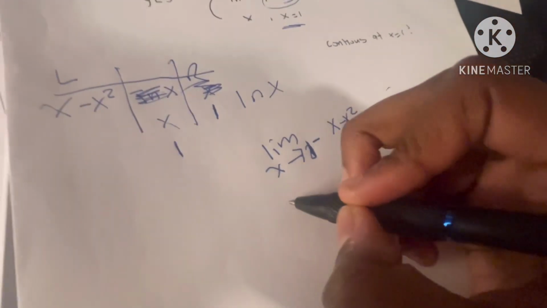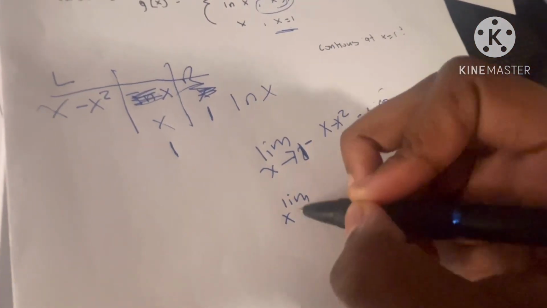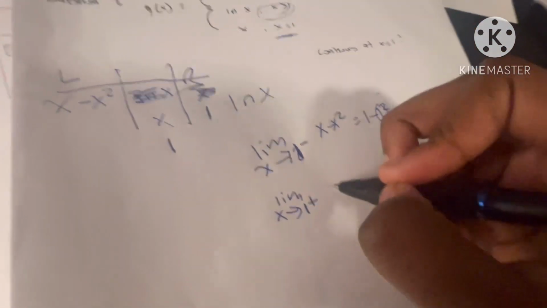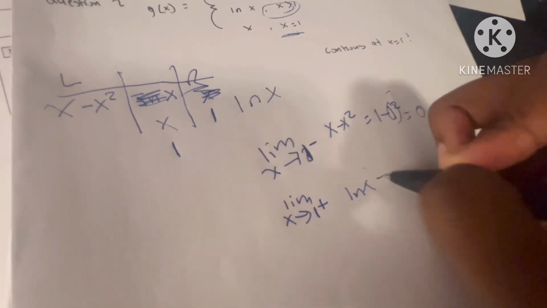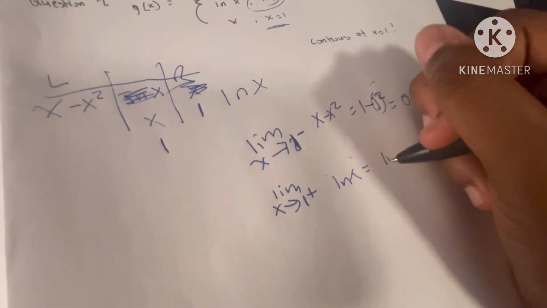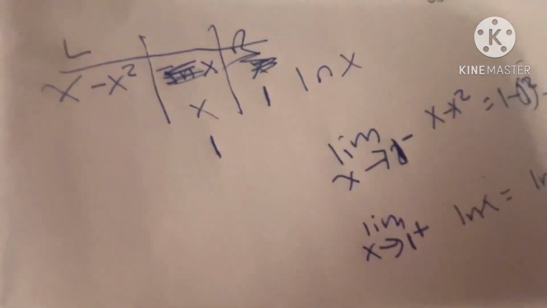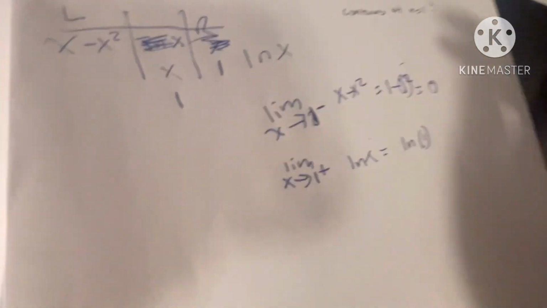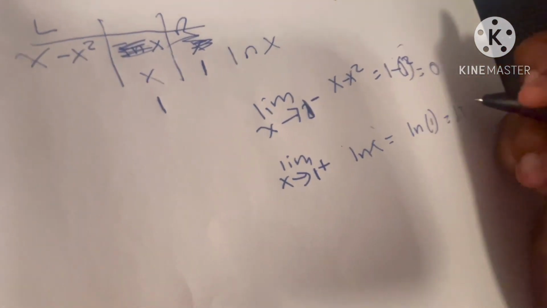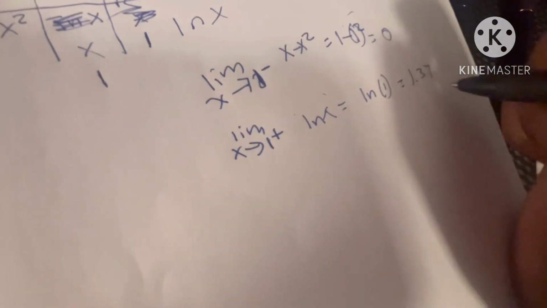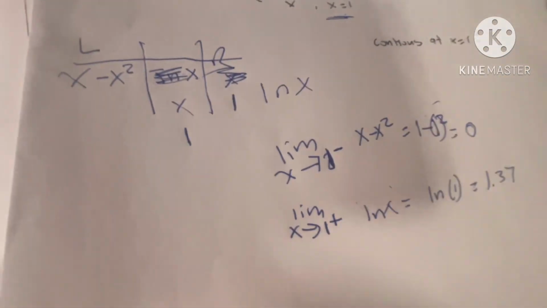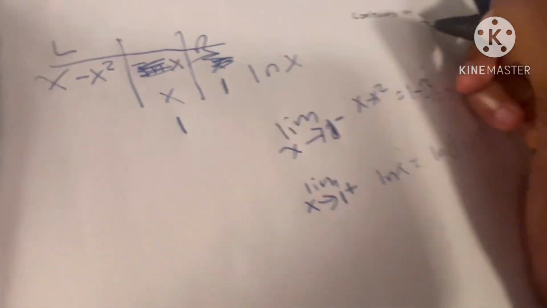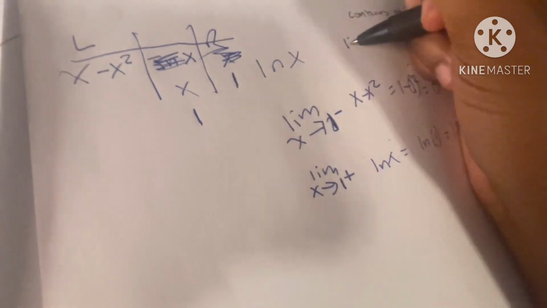And then as x approaches 1 from the right, it will be natural log of x, and you just plug in 1 for x. And I believe, since I did, that will be 1.337. So unfortunately, it's not continuous at x equals 1, because the left and the right didn't match.